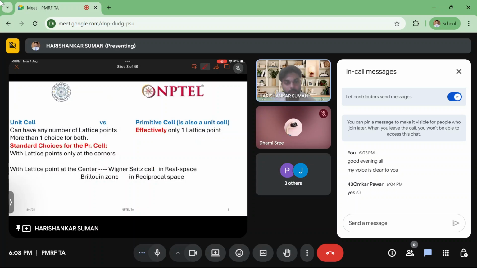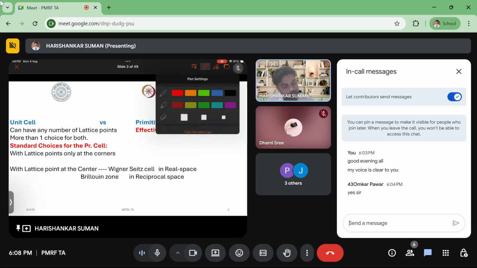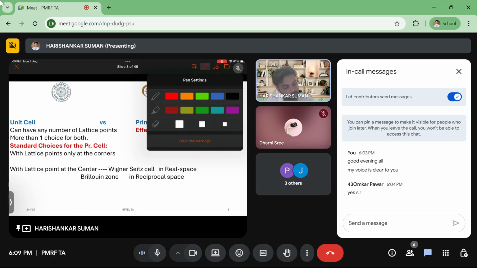Then next, unit cell and primitive lattice. So what is the difference between these two? Please remember.